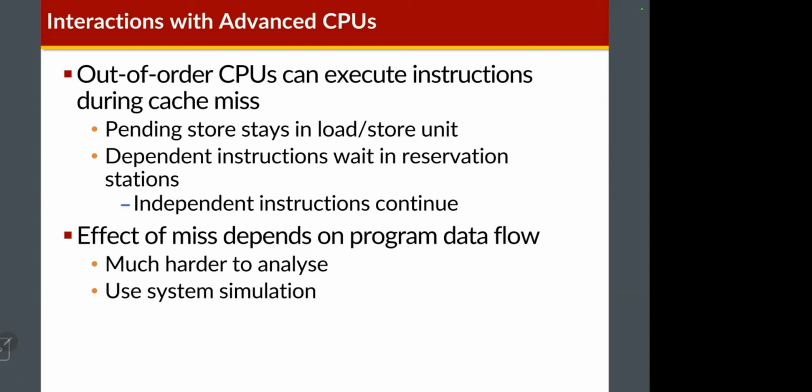Even though the former instruction misses in the cache, the later instructions can also access the cache. So it's not easy to analyze the performance of the memory system with the out-of-order processor, which means that we need to simulate the performance of this processor with an architectural simulator.